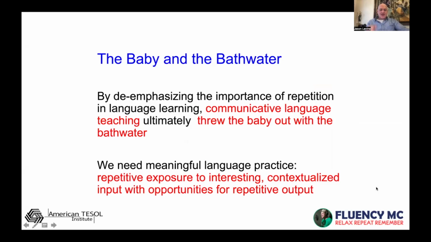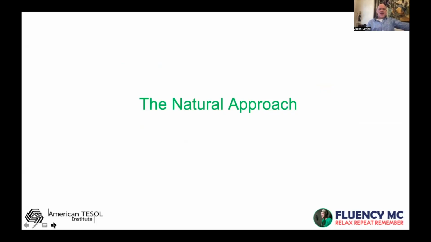So we need the meaningful language focus for sure, but we need that practice element that we talked about earlier, the repetition. If we don't get enough repetition, and it should be interesting stuff, so not the audiolingual stuff, this is the goal.